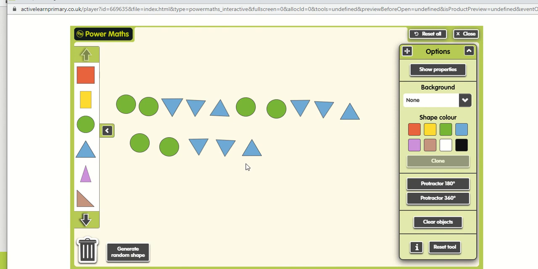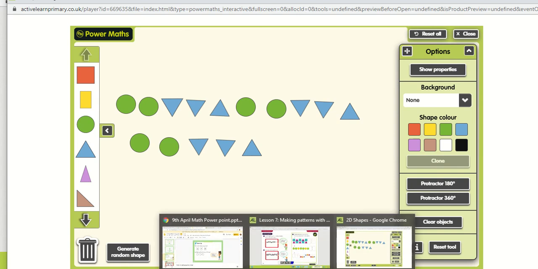So the shape that will be in position 15 is a regular triangle. That is your answer. You can do it in your notebook. Well done.